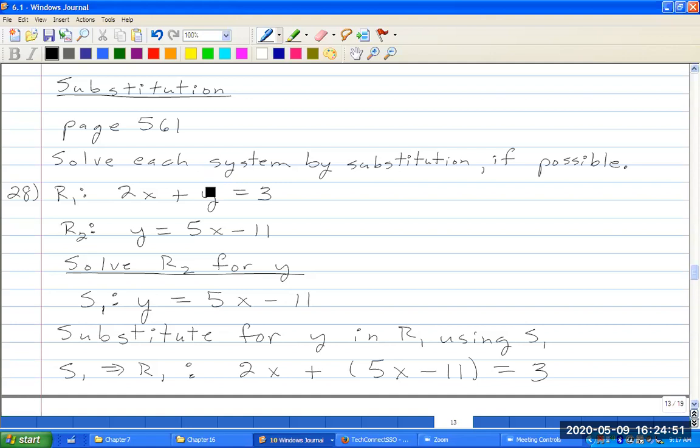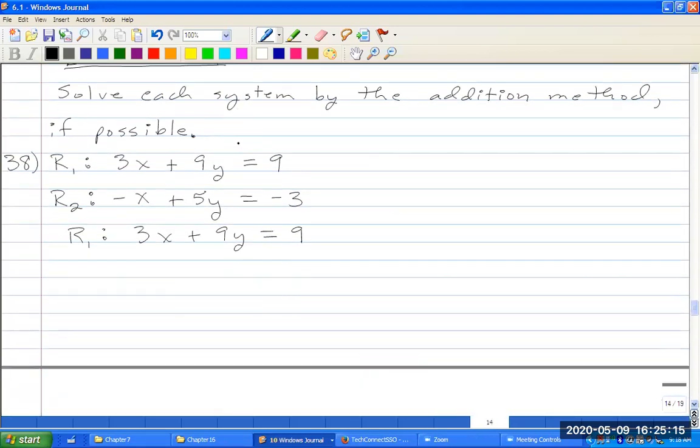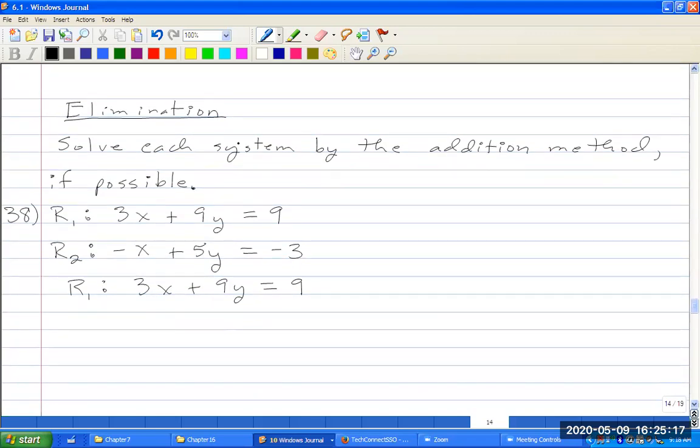So be sure that when you use substitution, once you have solved for one of the variables, you use it in another equation to simplify. You can never substitute back into the same equation that you solved for the variable. Otherwise, you'll go in a sort of infinite feedback loop.